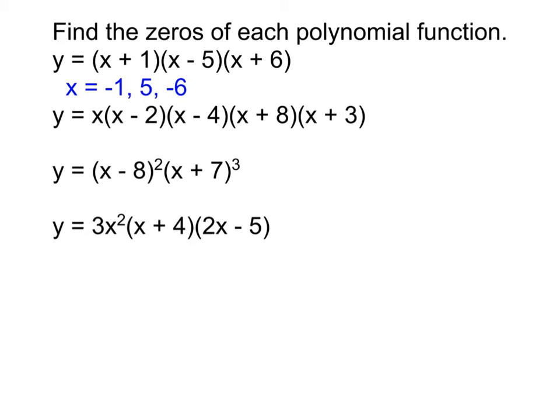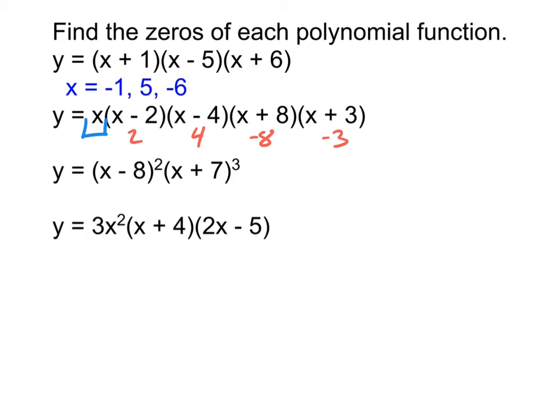All right, now looking at the second problem here, a lot of the answers here are very easy. You know, we've got our 2, 4, negative 8, negative 3. But if there's going to be a question on this one out of anything, it's going to be about the x that is by itself. It is another piece of this that is being multiplied by the whole thing.